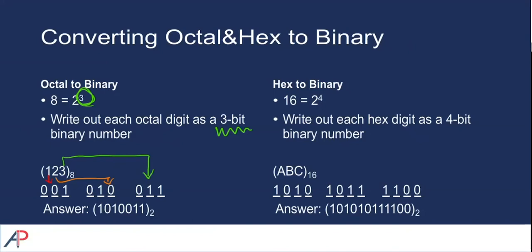So you can see 0, 1, 1 from here, 0, 1, 0 from here.